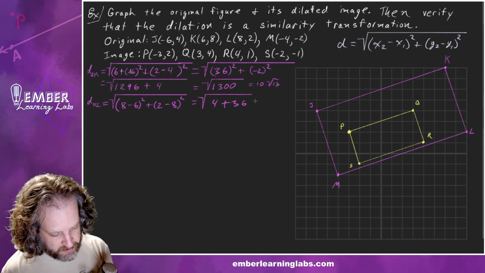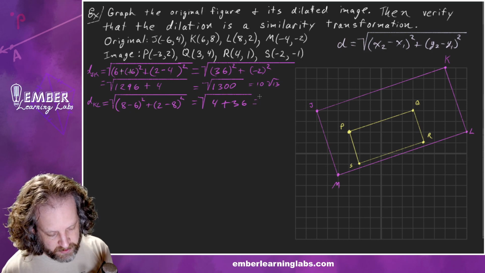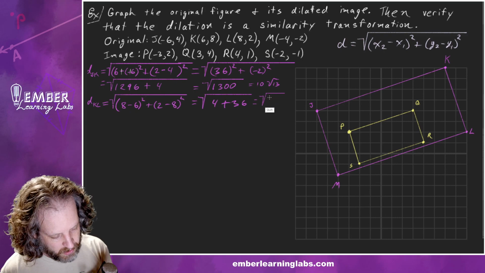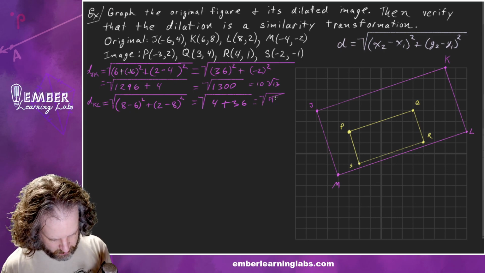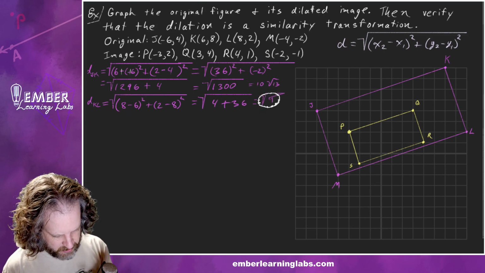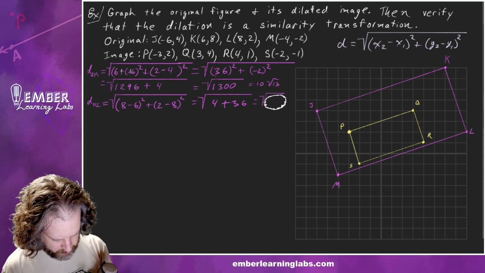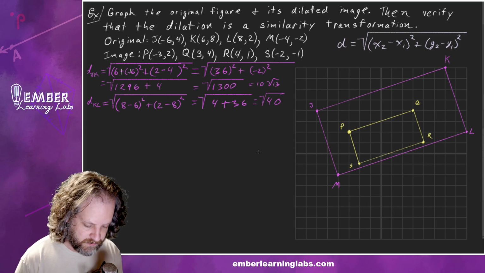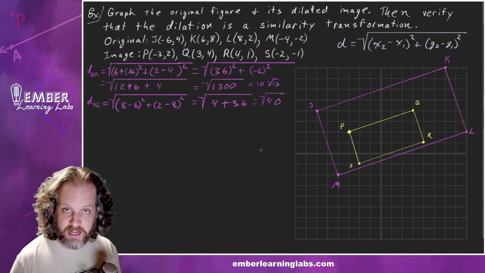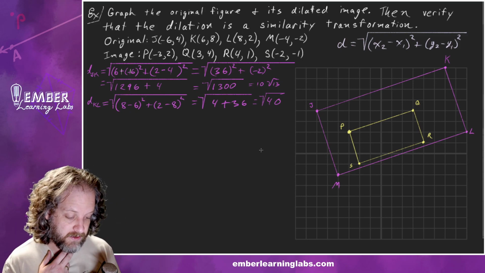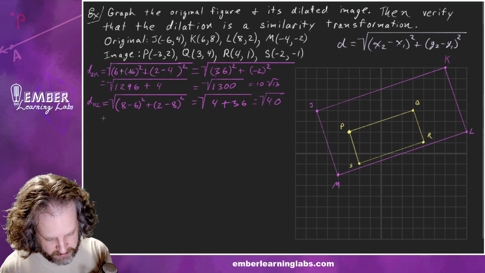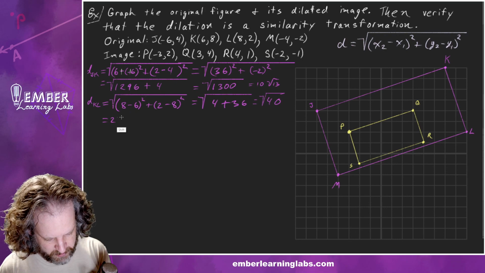So this turns into the square root of 40. Now, the square root of 40, if you do that little calculator trick, you will discover that this turns into 2 times the square root of 10. This equals 2 times the square root of 10.